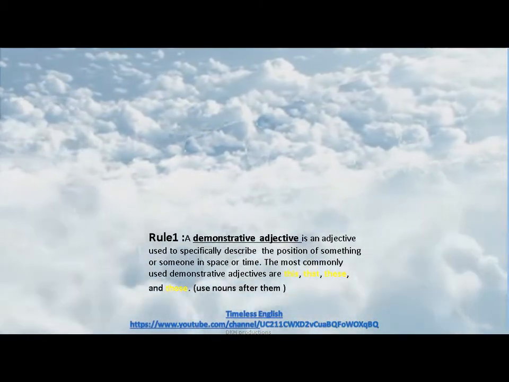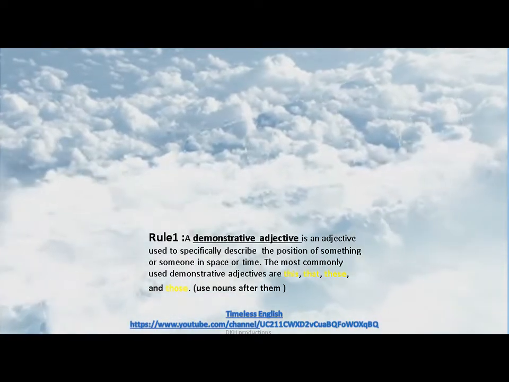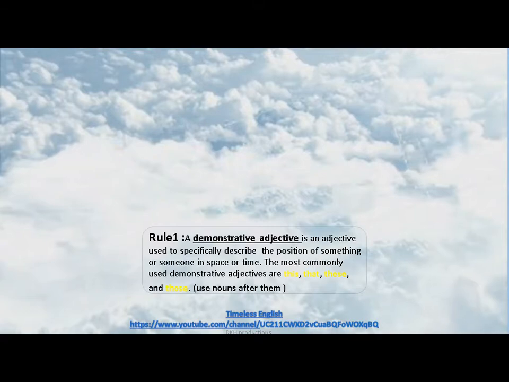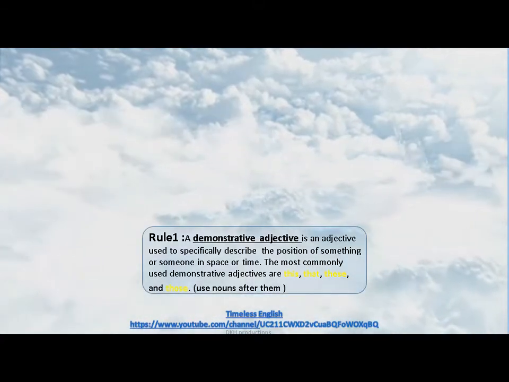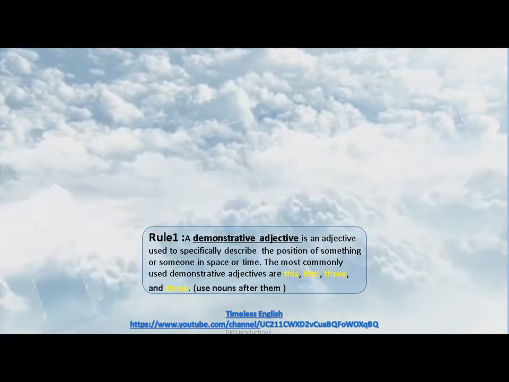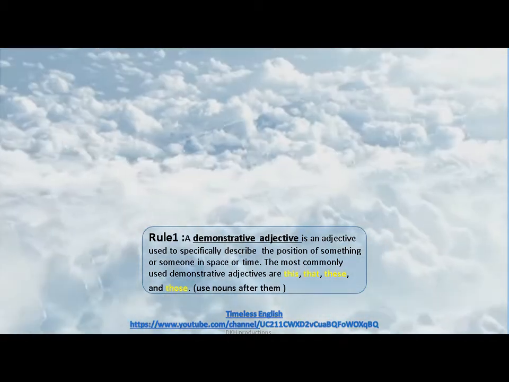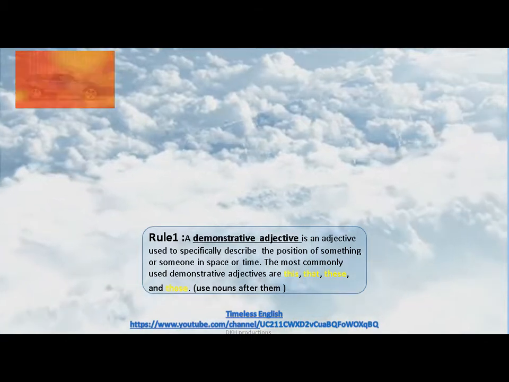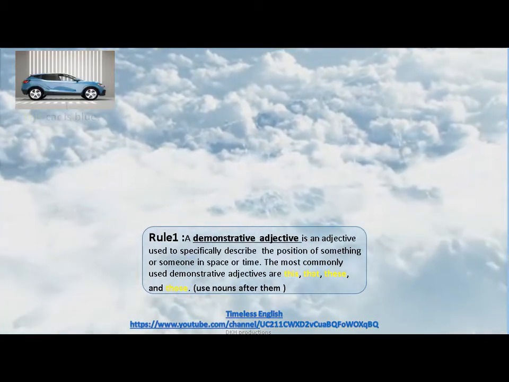Rule 1. A demonstrative adjective is an adjective used to specifically describe the position of something or someone in space or time. The most commonly used demonstrative adjectives are this, that, these, and those. Use nouns after them. This car is blue.